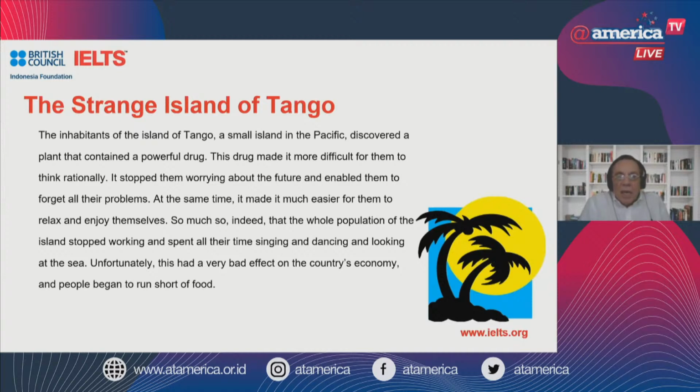Here we are. The inhabitants of the island of Tango, a small island in the Pacific, discovered a plant that contained a powerful drug. This drug made it more difficult for them to think rationally. It stopped them worrying about the future and enabled them to forget all their problems.